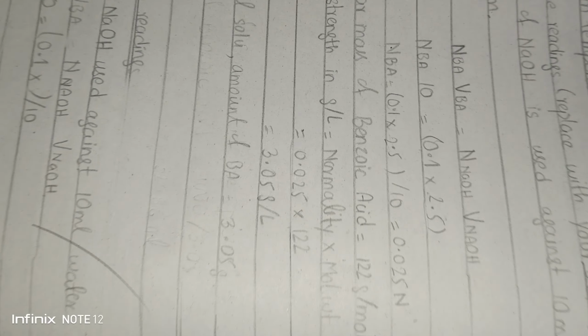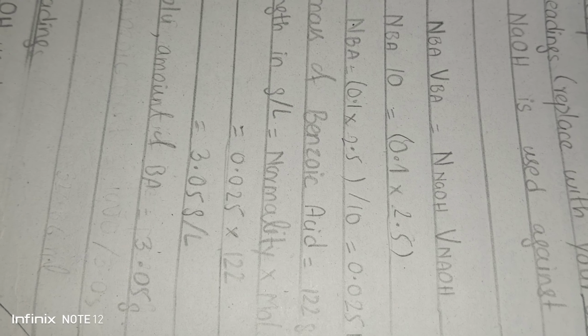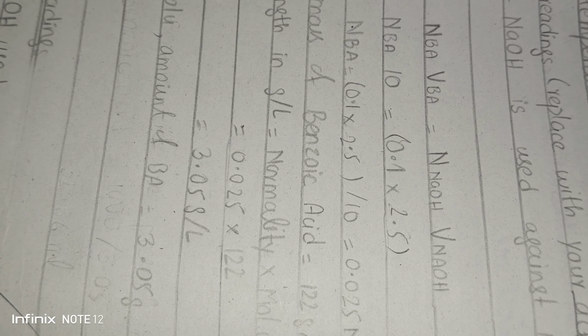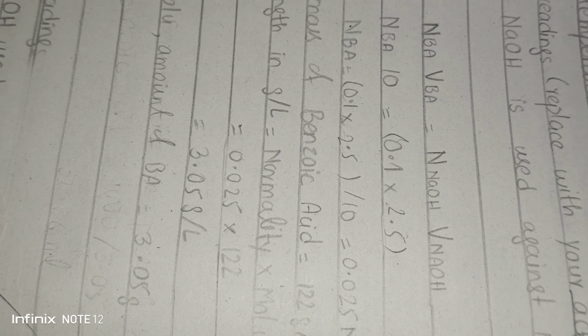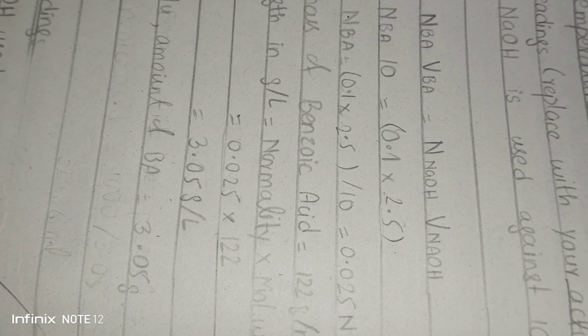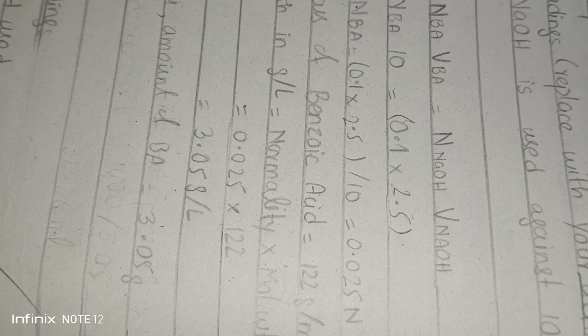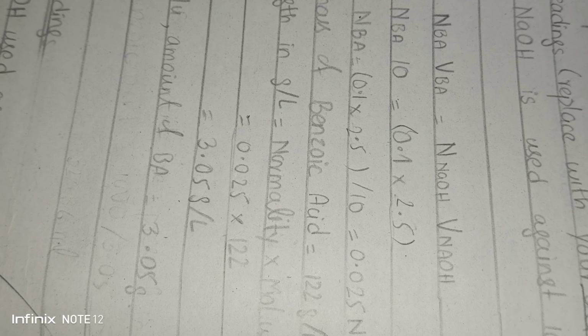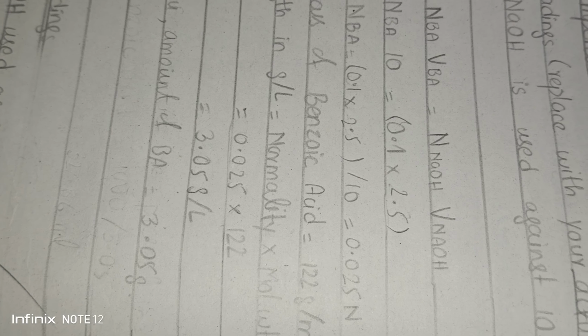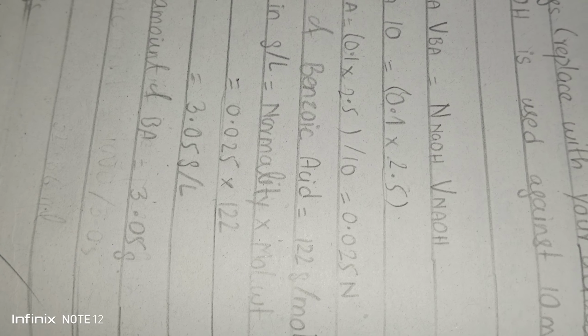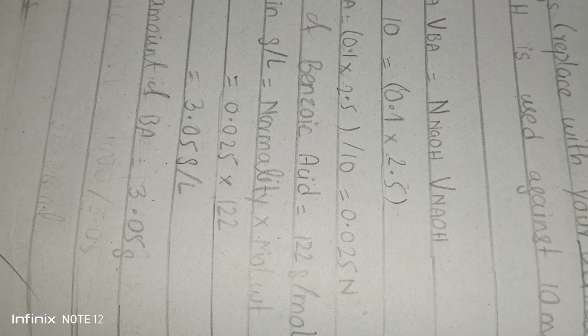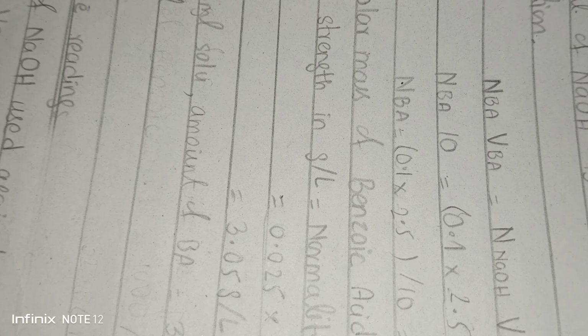So the formula for this experiment is N_BA V_BA = N_NaOH V_NaOH, that is, the normality of benzoic acid multiplied by the volume of benzoic acid is equal to the normality of NaOH multiplied by the volume of NaOH. So you write up all of these values.